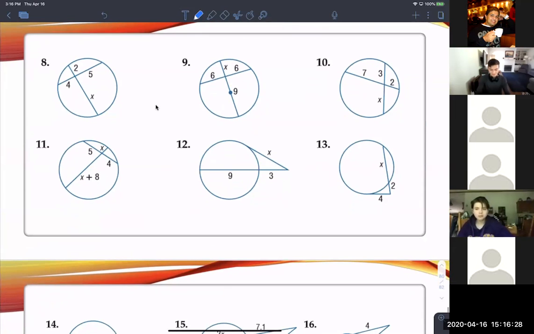Let's do this one, number 12. Okay. So piece to the circle times the entire piece, which is 12, equals tangent squared.